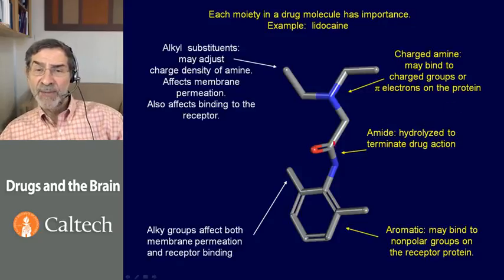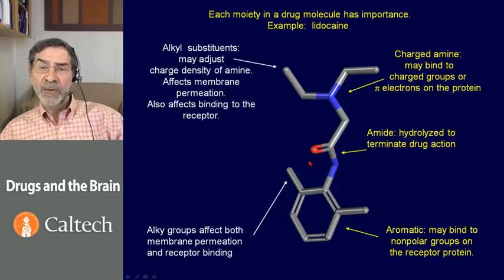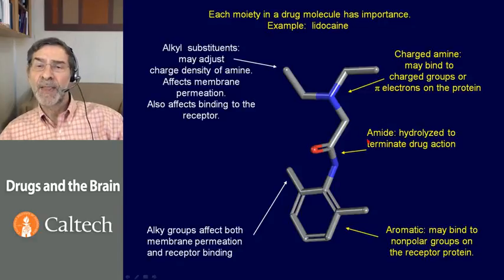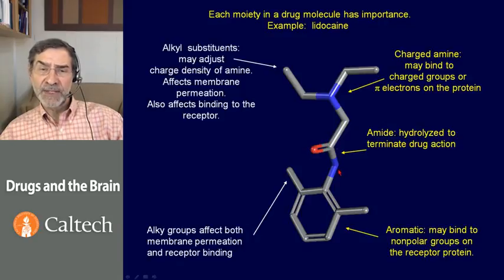It has an amide moiety, which typically is hydrolyzed by endogenous esterases to terminate the action of the drug. And this termination occurs more slowly for an amide than for an ester, and gives us roughly the right amount of time for the local anesthetic to act, an hour or so.